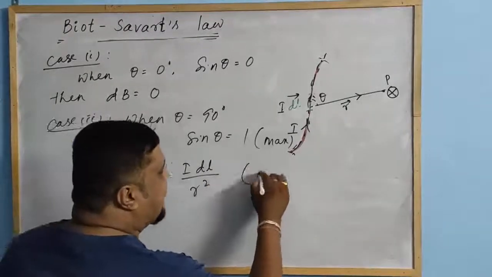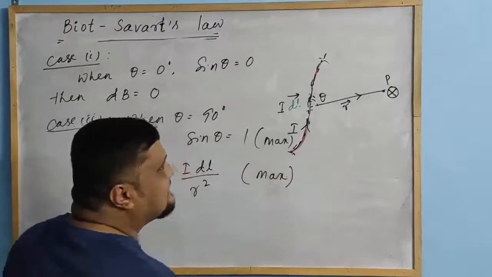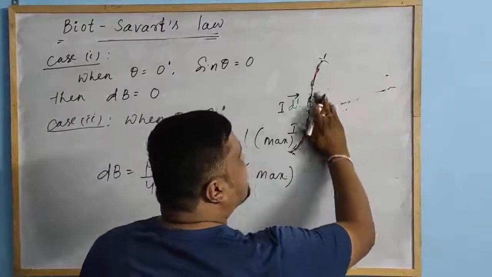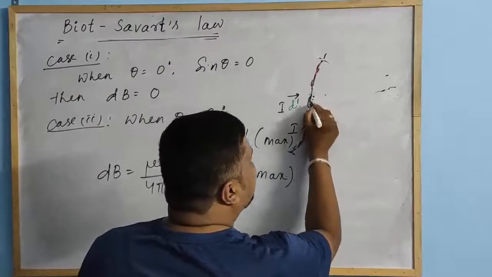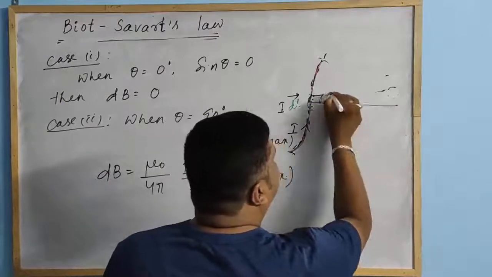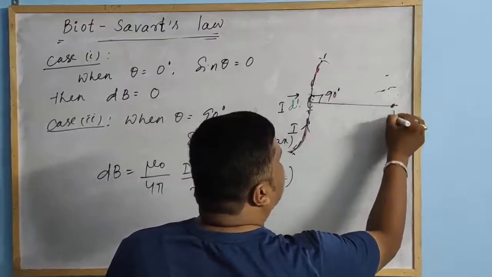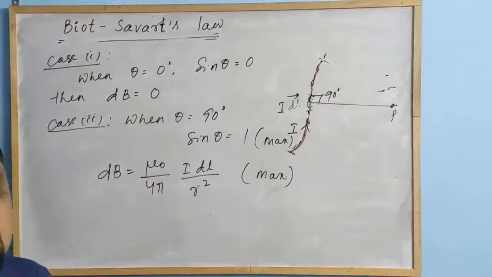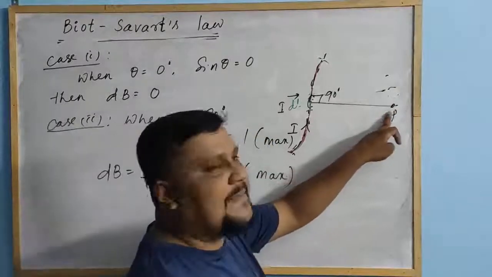This is the maximum value. If the point P is perpendicular, at 90 degrees, then the magnetic field will be maximum.